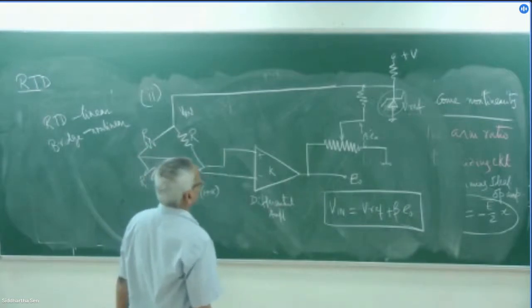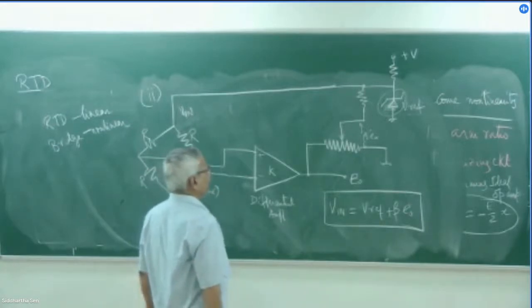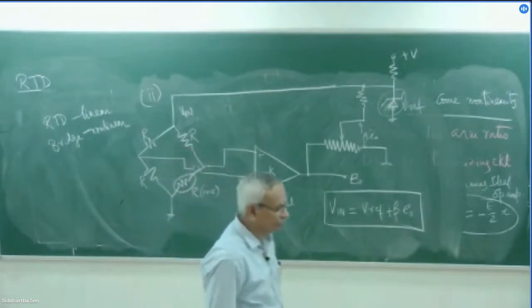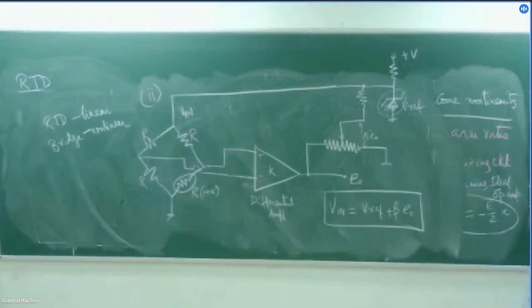I claim that by proper choice of K and beta, it can be completely linearized. I leave it to you to see, very simple, what the proper values of K and beta should be such that the bridge nonlinearity is removed and it is completely linear.